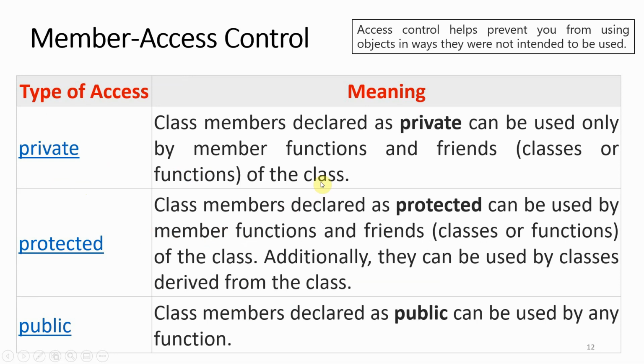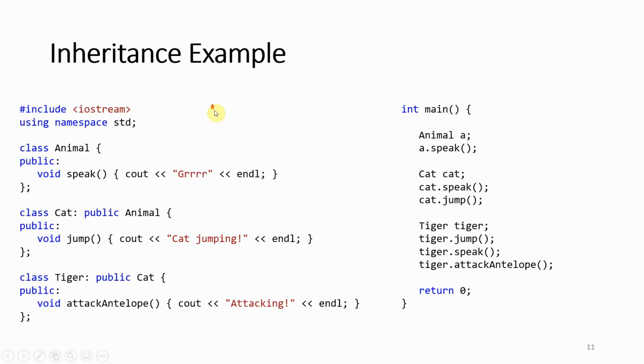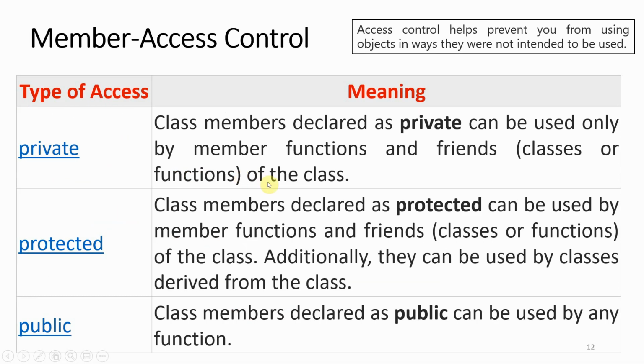Now I want to talk about this keyword that we put here. This is called inheritance mode. You are already familiar with two keywords, private and public. Private means class members declared as private can only be used by member functions and friends of the class.